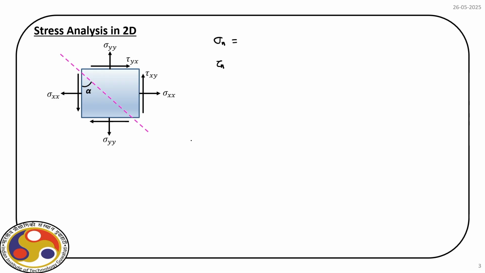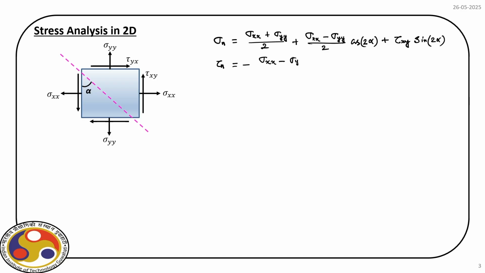So, what is the expression for sigma n? This is (sigma xx plus sigma yy) divided by 2, plus (sigma xx minus sigma yy) by 2 times cos of 2 alpha, plus tau xy sine of 2 alpha, and tau n is equal to minus (sigma xx minus sigma yy) divided by 2 times sine of 2 alpha plus tau xy cos of 2 alpha, where alpha is already marked here.